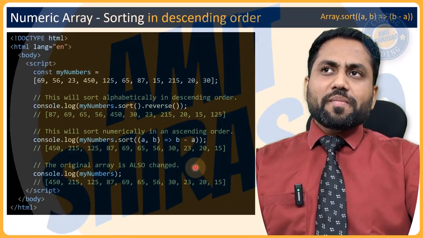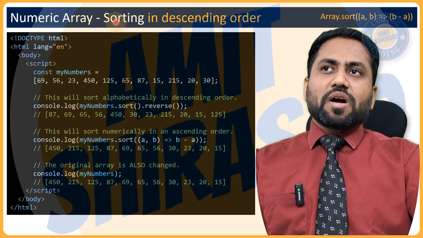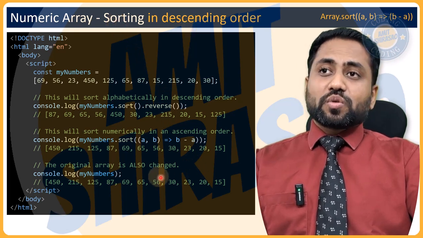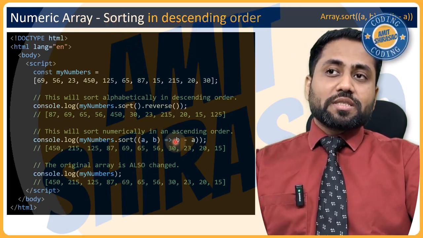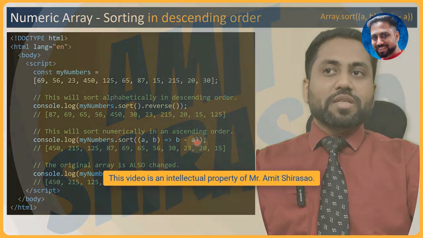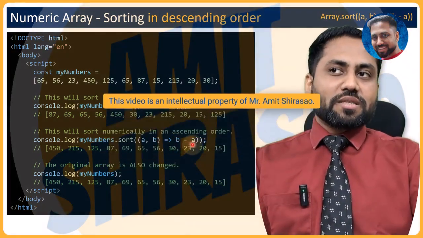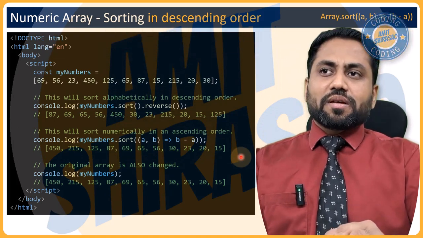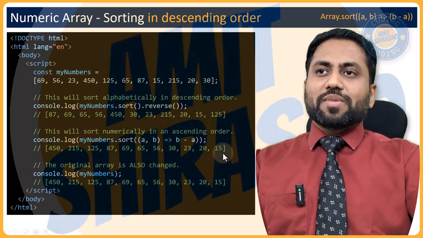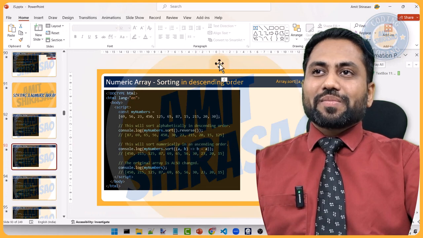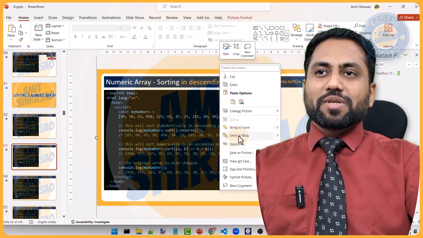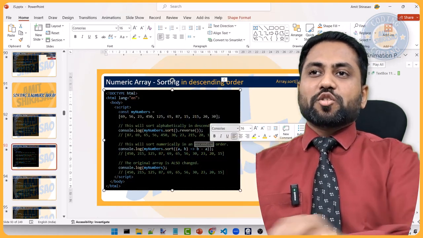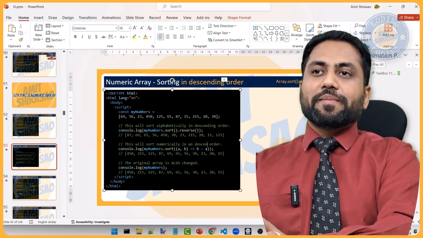Okay, now how to sort in the descending order? So to sort in the descending order, just say b minus a. Okay, instead of saying a minus b, just say b minus a. So it will be sorted in a descending numeric order. My bad, there is a mistake over here. It should be descending.